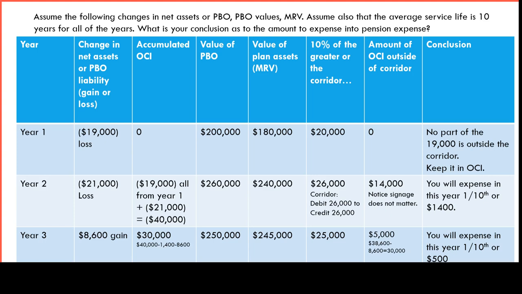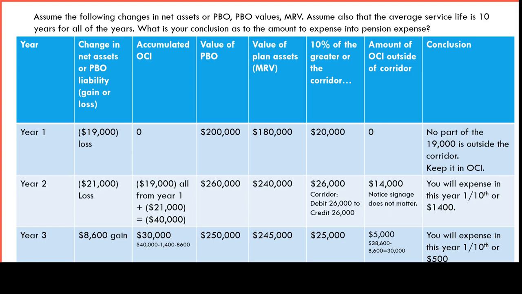So now you see that 40 is outside of 26. It's greater than 26. So now what you need to do is take a part of the 14 out of OCI.